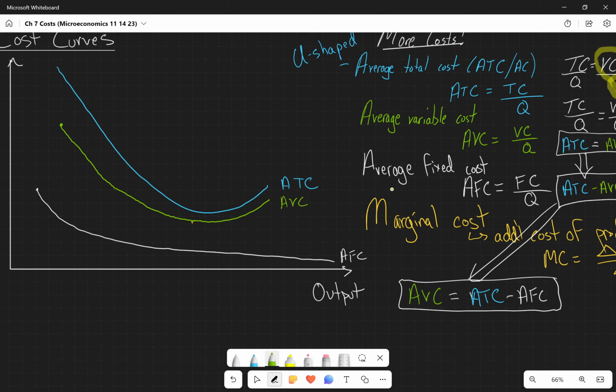And the distance between this is 4 because the distance between this is 4. And then over here, the distance is 1.5 because the distance here is 1.5. Do we all understand that? It's a nuanced but important point for understanding these graphs and understanding how to draw these graphs accurately.